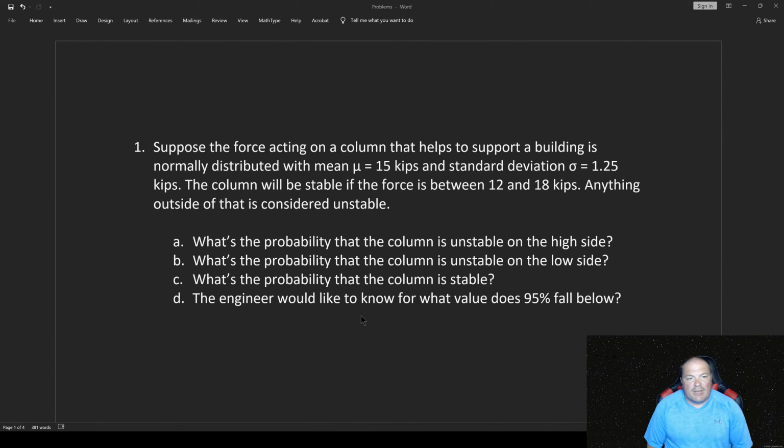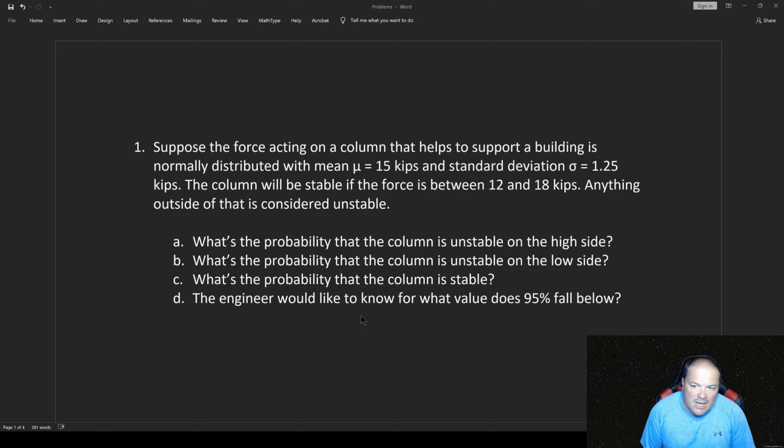So the first question that I'm going to do is what you see here on the screen. This is a normal distribution type question, and somebody submitted this to me earlier in the week. One of the reasons why I chose this normal distribution question is most questions that you see like this, they'll give you a mean, they'll give you a standard deviation, they'll give you some information, and then they'll just say things like, what's the probability that x is bigger than this?